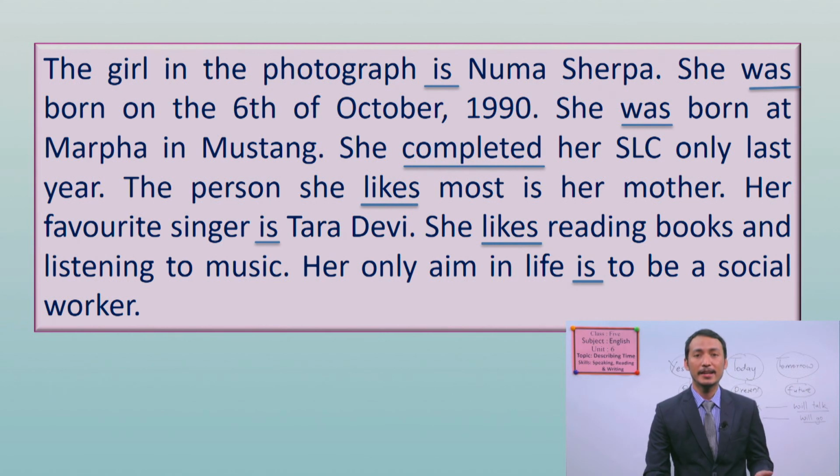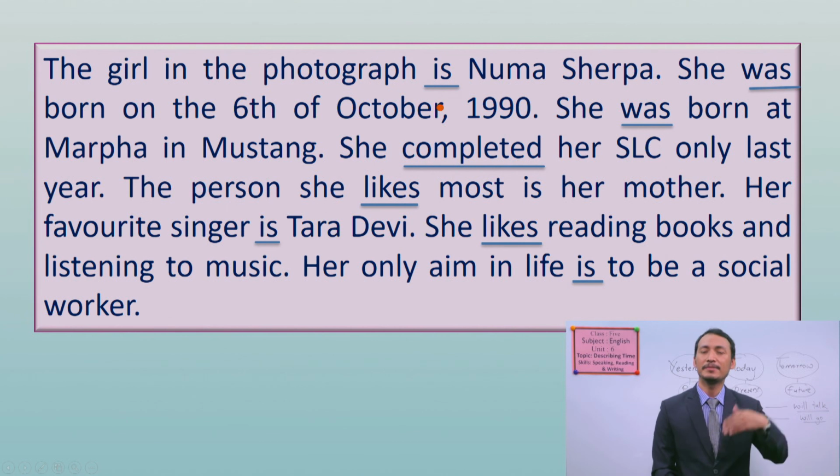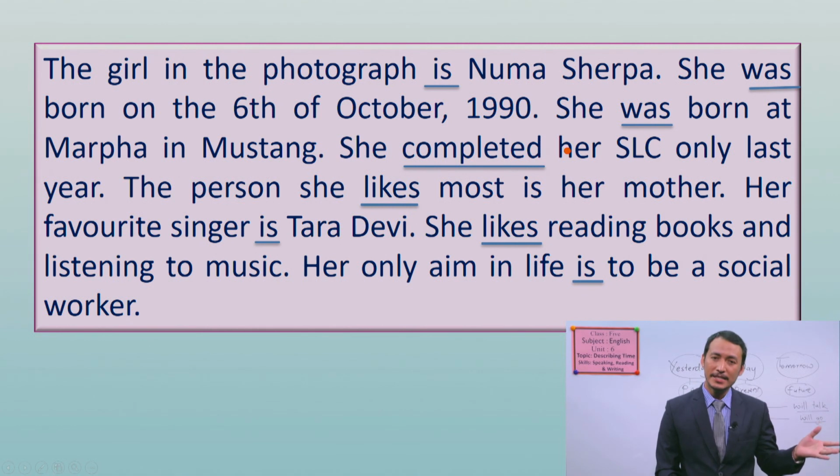For normally talking about general things that are happening now, you use is, because we can see the photograph now. And she was born on the 6th of October means she was born not now, it was a long time ago. She was born in Marfa, Mustang, and she completed SLC means she has already finished SLC.